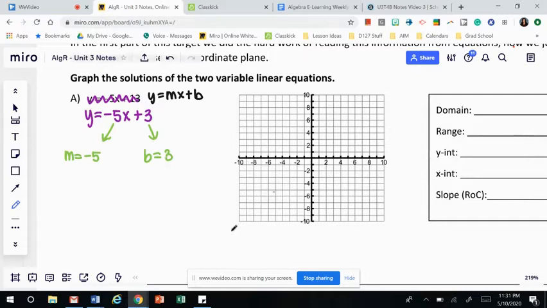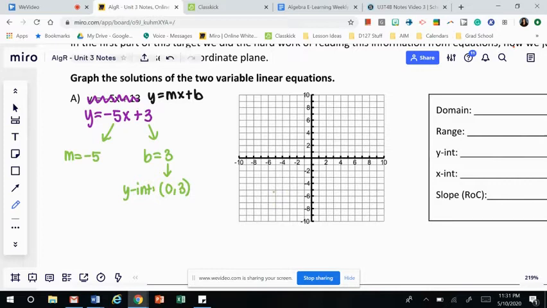So this can go one step further and become the y-intercept. That y-intercept is going to be our solution that we graph as our first point. From that y-intercept, we are then going to use m equals negative 5 as our slope to give us our direction for our next points.